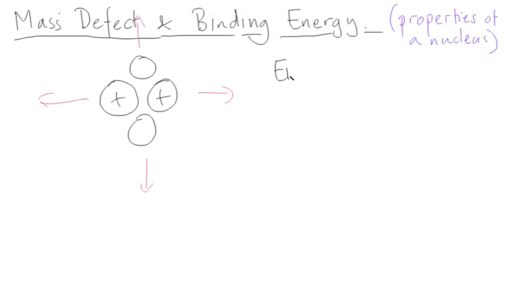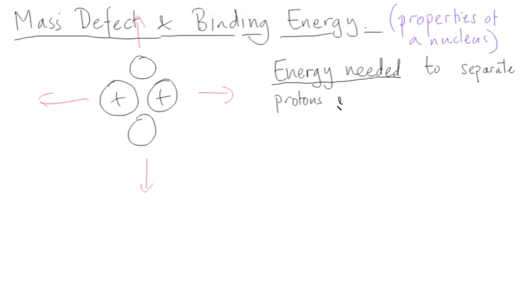So energy needed, underline that, to separate protons and neutrons. And conversely then, if we take individual nucleons and join them together, what do we then get? Right, energy would be released.